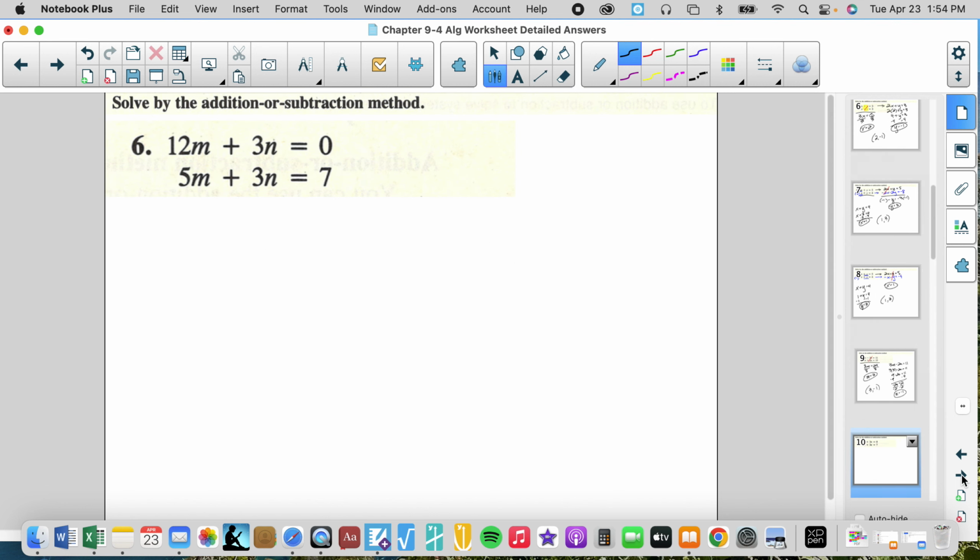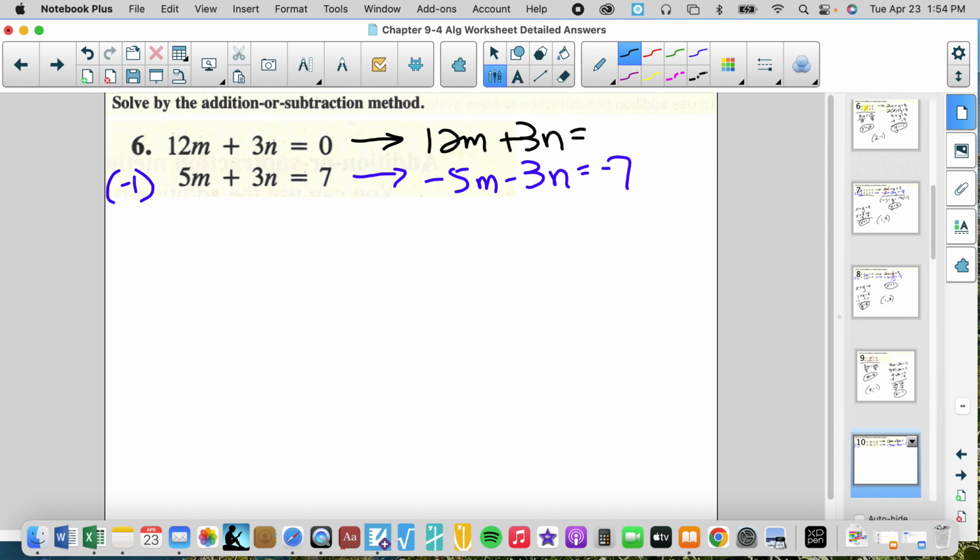We cannot cancel. I'm going to multiply it by negative 1. So this equation becomes negative 5m minus 3n equals negative 7. We get 12m plus 3n equals 0.